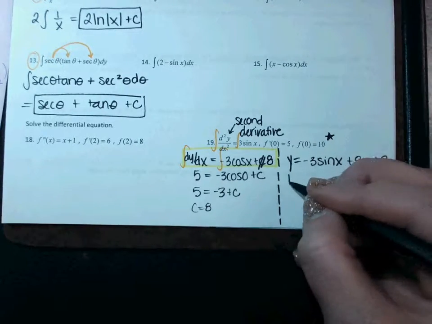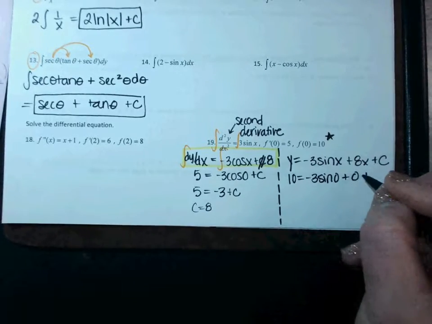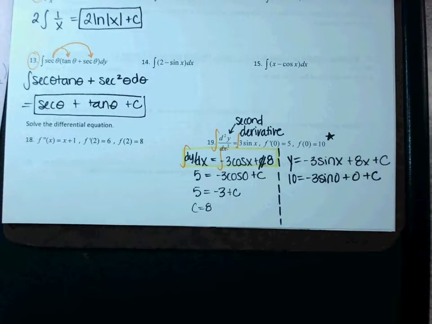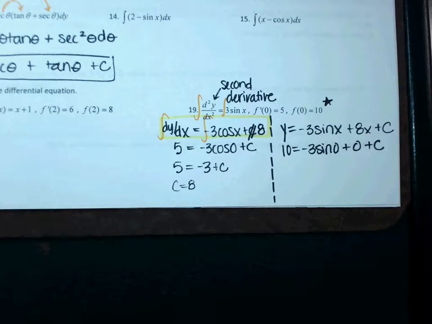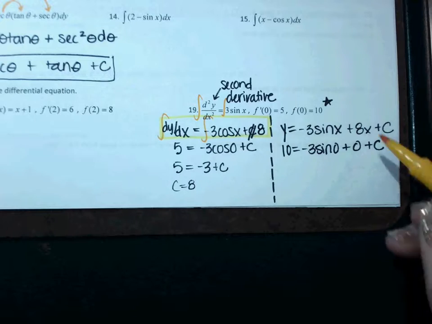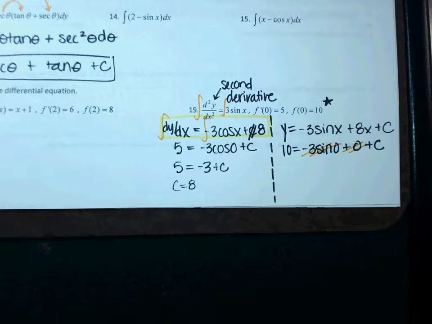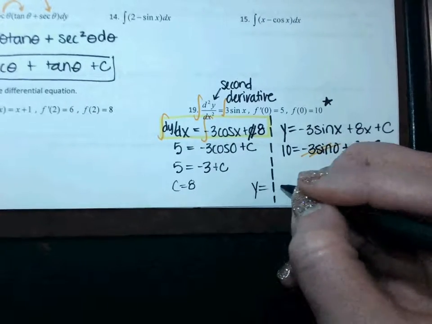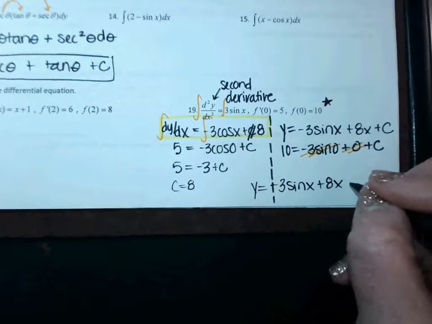So 10 is the answer when we plug in 0. And is sine of 0 going to cross out? Yes. Sine of 0 is 0. That term crosses out. Your other 0 crosses out. So really c is just 10. And at that point, you have your entire equation. So y equals negative 3 sine x plus 8x plus 10. Boom, done.